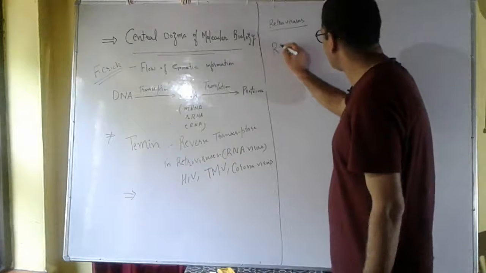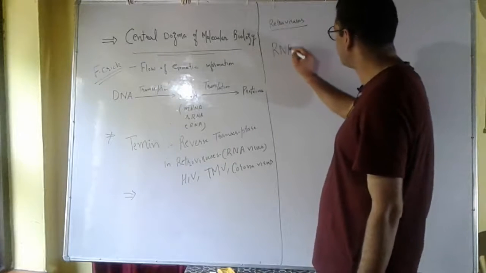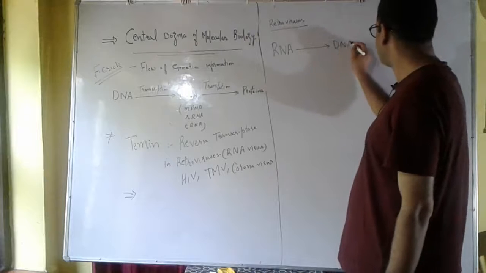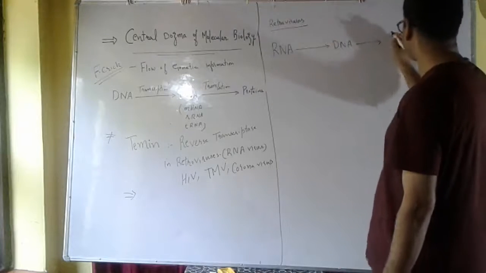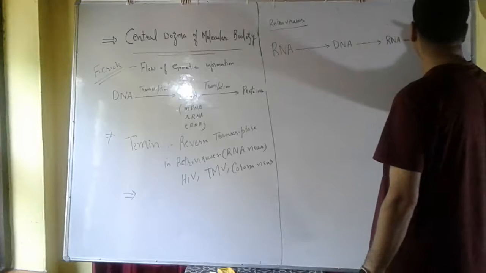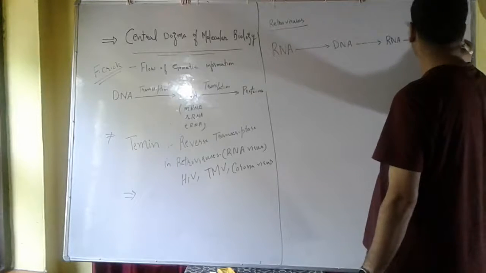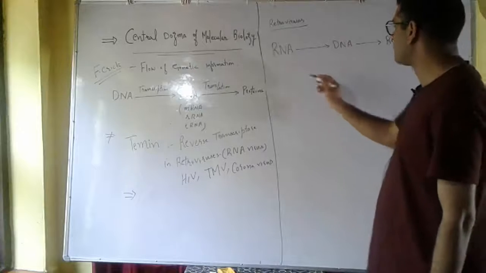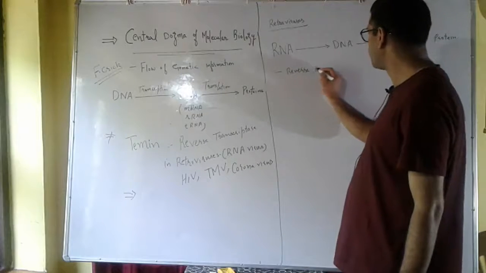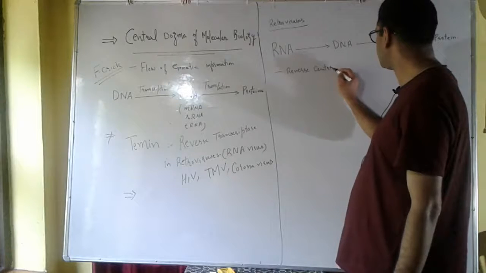We have RNA in the retrovirus as the genetic material. RNA will synthesize DNA, DNA will synthesize RNA, and RNA will synthesize proteins. This is called the reverse central dogma.